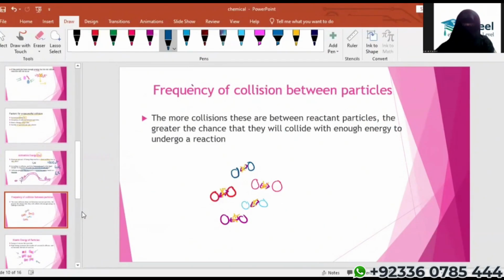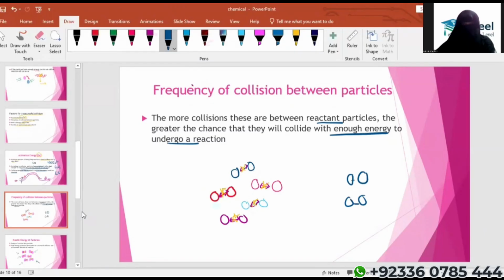Next, frequency of collision between particles. The more collisions there are between reactant particles, the greater is the chance that they will collide with enough energy to undergo a reaction. We know that particles collide with each other constantly.